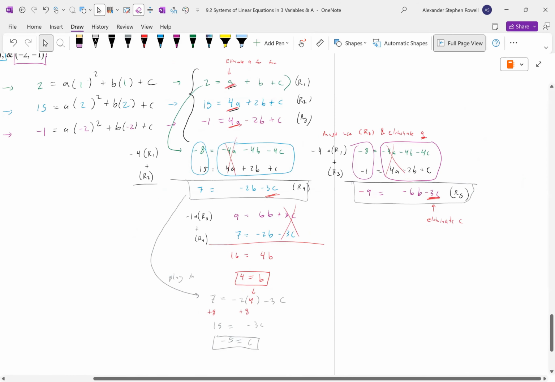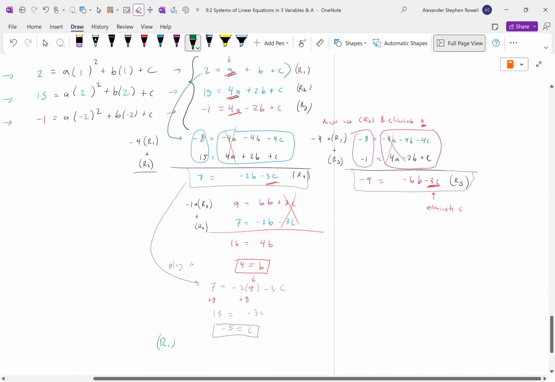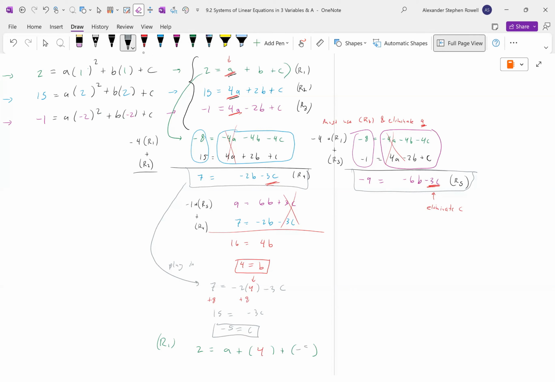And now we can plug into any of the first equations to find a. I'm going to plug into equation 1. 2 is equal to a plus b plus c. B is 4, c is -5.